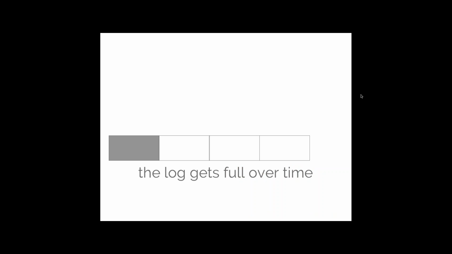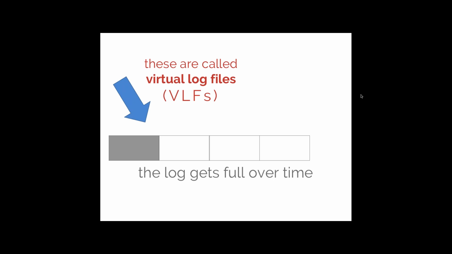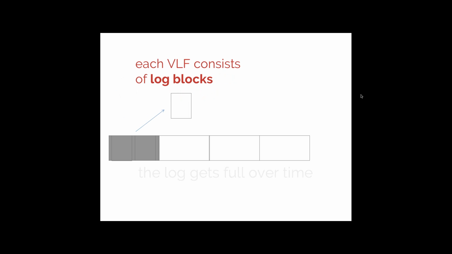Within the LDF file, SQL Server will subdivide that transaction log file into what I call subsections or subdivisions. These subdivisions are called virtual log files or VLFs. Now, inside those virtual log files are smaller subdivisions called log blocks.